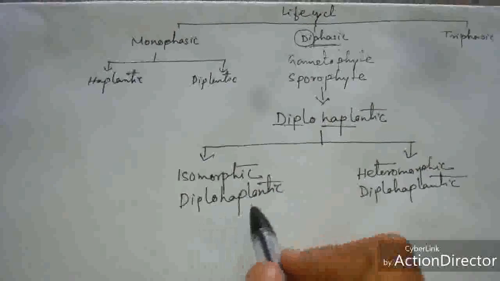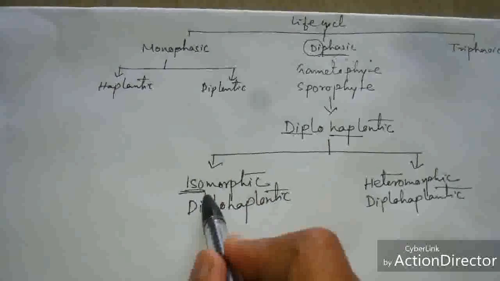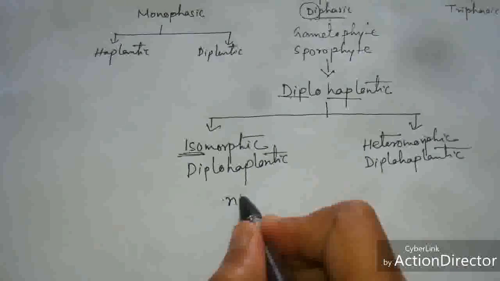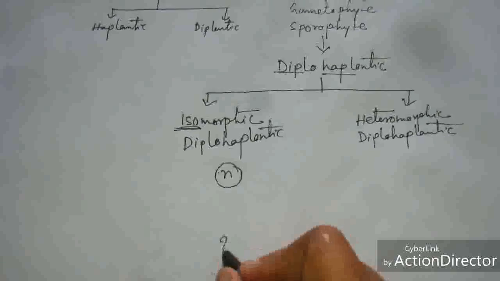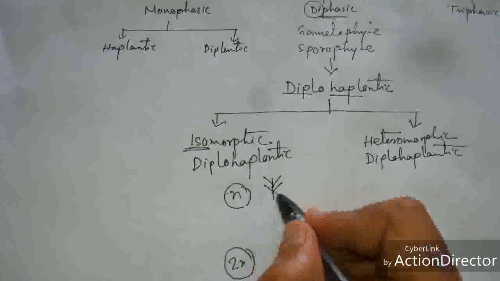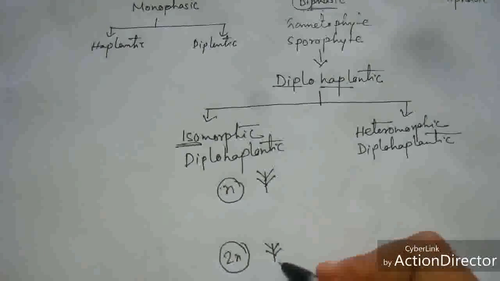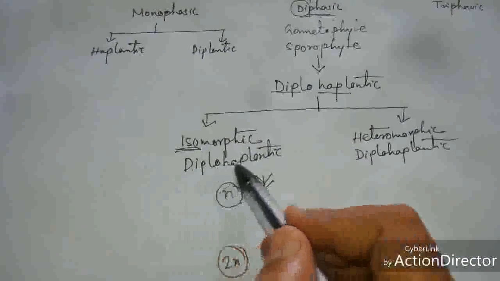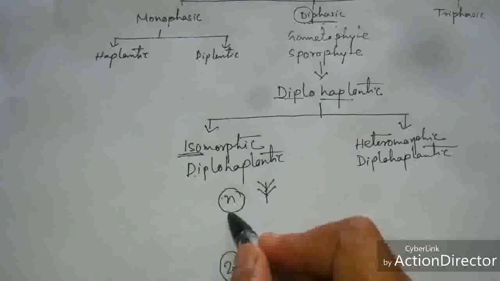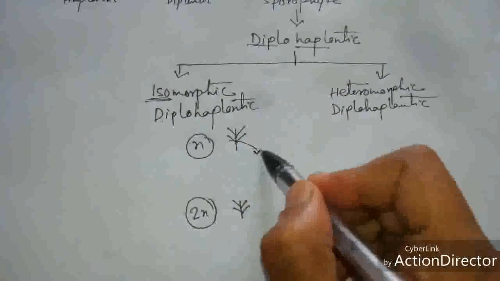Now, isomorphic diplohaplontic. Here iso means morphologically similar. So here the gametophytic plant body and the sporophytic plant body are both similar in shape, morphologically similar. This is called isomorphic diplohaplontic. So this is a gametophytic plant which produces spores.